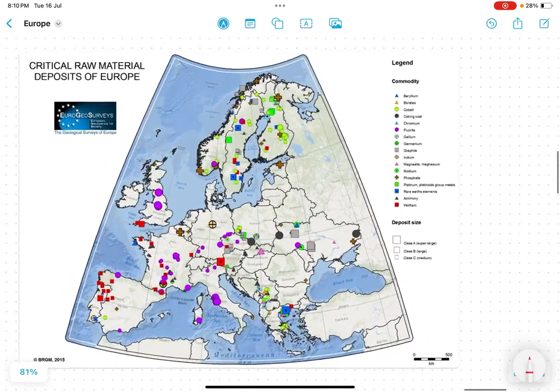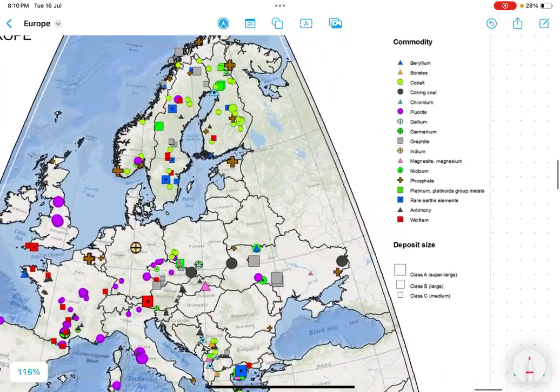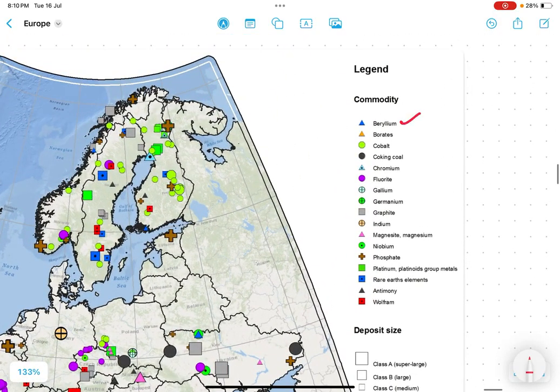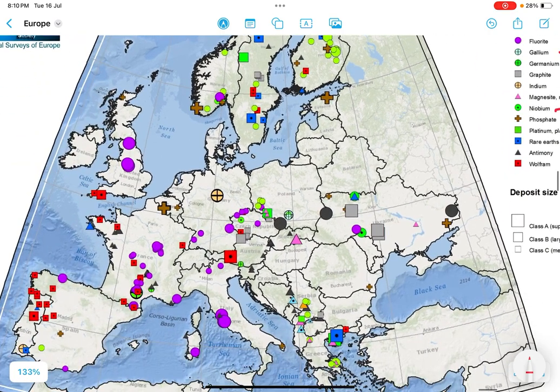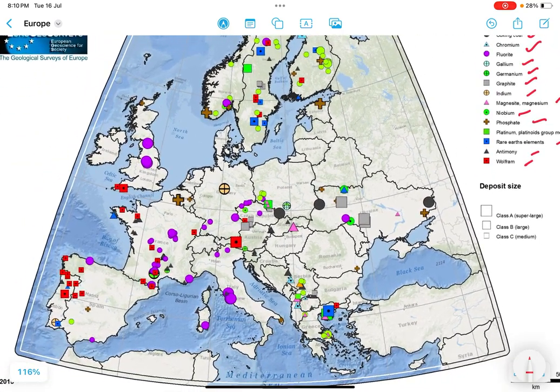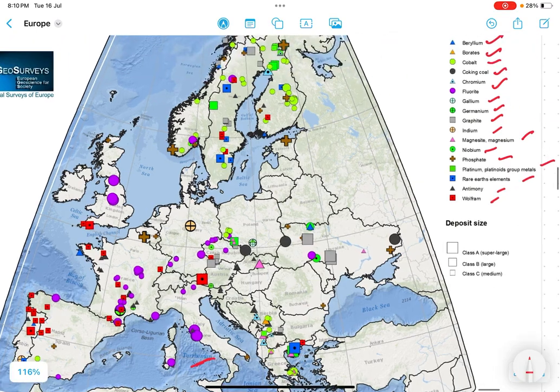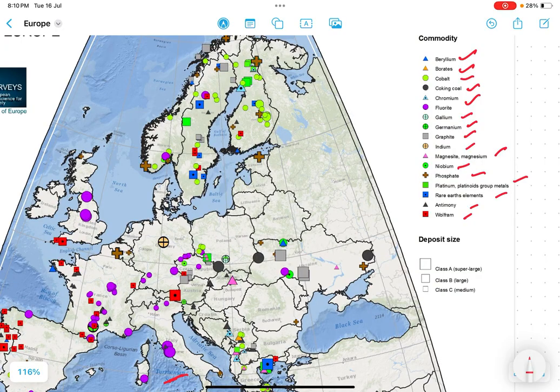So let's have a look at the critical raw material deposits. You can see all of the materials: beryllium, borate, cobalt, coking coal, chromium, fluoride, gallium, germanium, graphite, indium, magnesium, magnesite, niobium, phosphate, platinum, rare earth, antimony, and wolfram. Most of them are found in Europe. These pink ones are the fluorides, and this is the cobalt region.